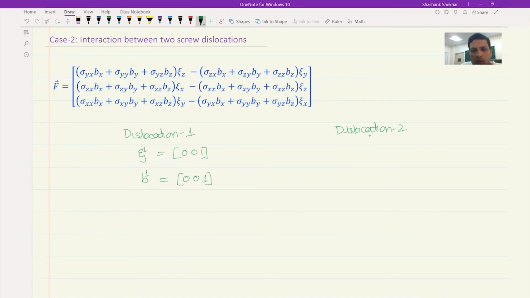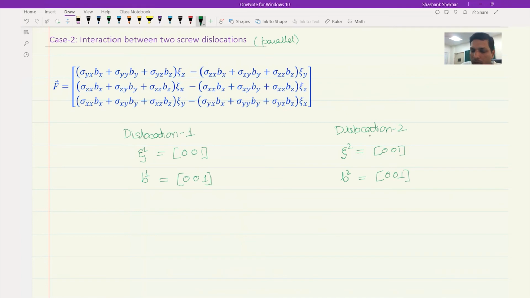And again, we are taking a case of two parallel screw dislocations, and therefore the line vector e superscript 2 is equal to 0, 0, 1, and the Burgers vector b superscript 2 is equal to 0, 0, 1. And the force acting on dislocation 2 would be, this is the general relation, so this is what would be the force acting on the dislocation 2.